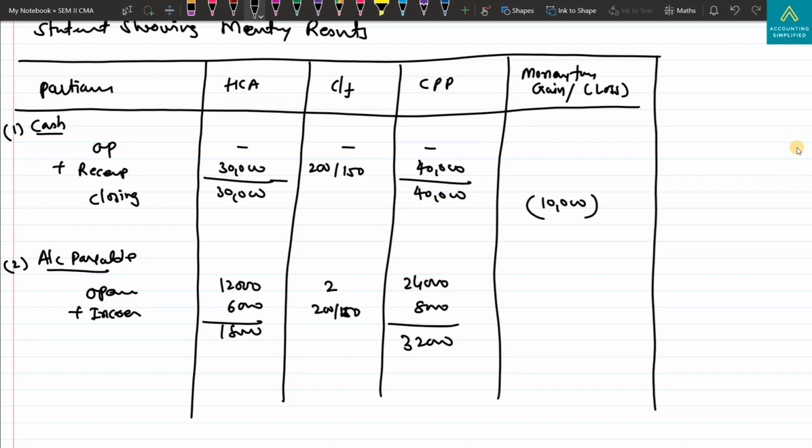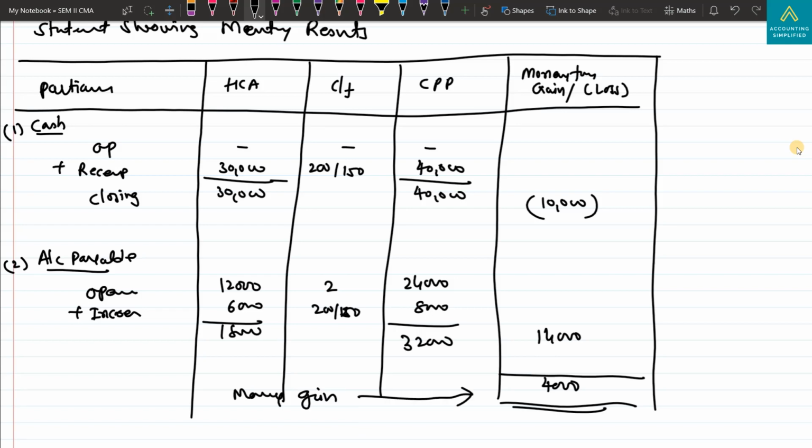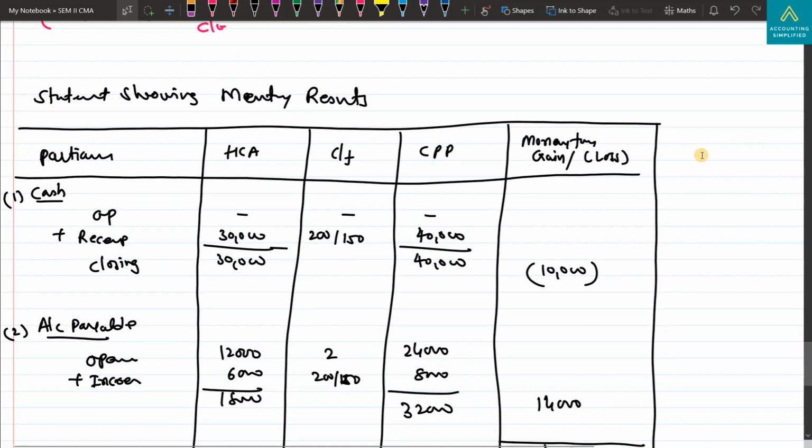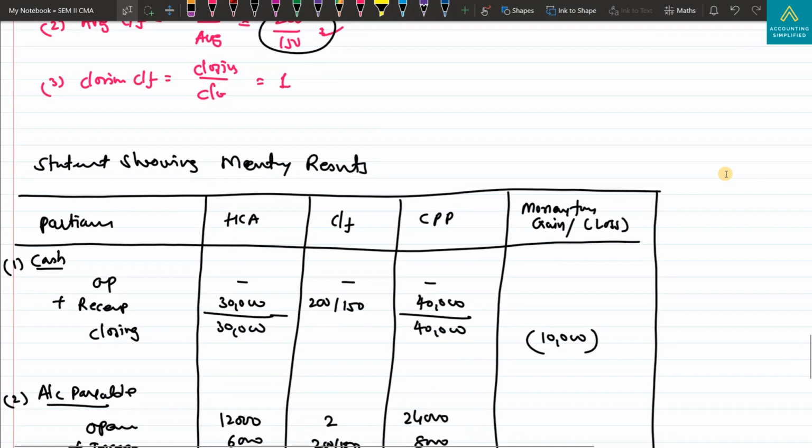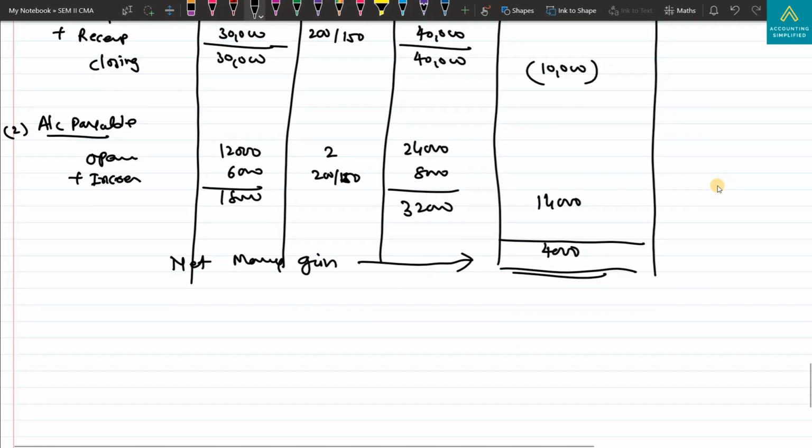The difference is 14,000. We have to pay accounts payable, so it is our benefit, right. And this difference is 4,000. Right, write down monetary gain 4,000 or net monetary gain. I hope you understood these two examples and whatever the homework, and I am sure you know this answer, right.